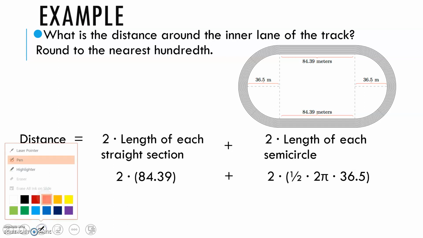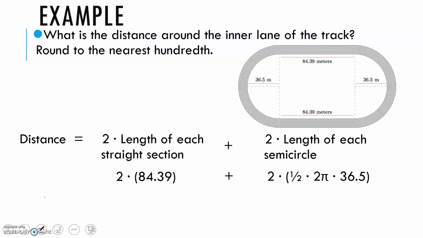The circumference of a full circle is 2 pi r, and you only have half of this, so 1/2 times 2 pi r, and then you have 2 semicircles. Now again, if you treat this as one full circle, you wouldn't have to worry about any of that. Those cancel out too, by the way. So you can add 2 pi r, or you can just add pi d, because that's equivalent.